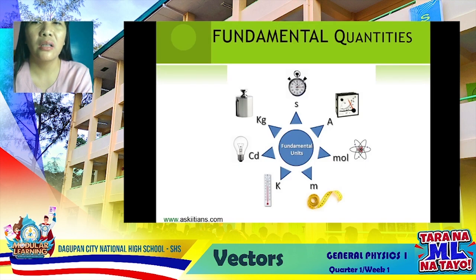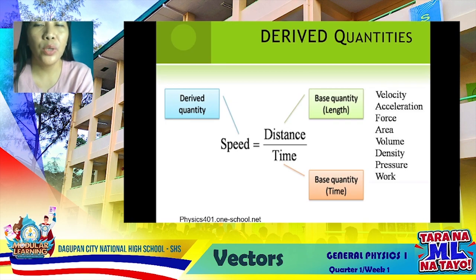To recall, there are 7 fundamental or base physical quantities, namely electric current, amount of substance, length, temperature, luminous intensity, mass, and time. In other cases, we define a physical quantity by describing how to calculate it from other quantities that we can measure.